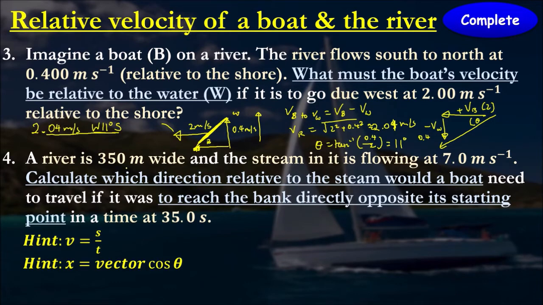It says the river is 350 meters wide and the stream in its flow is 7 meters per second. Calculate the direction relative to the stream the boat needs to travel if it was to reach the bank directly opposite its starting point. Okay, so let's have a look here. The length we have of the bank is 350 meters.